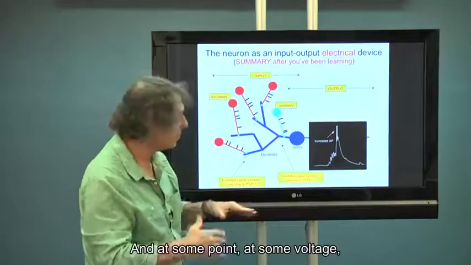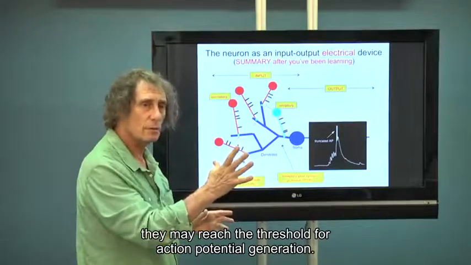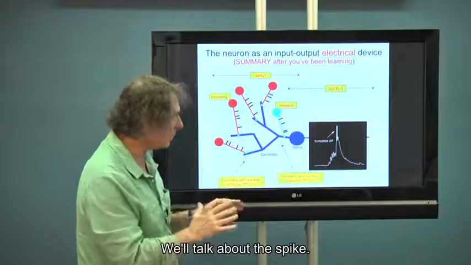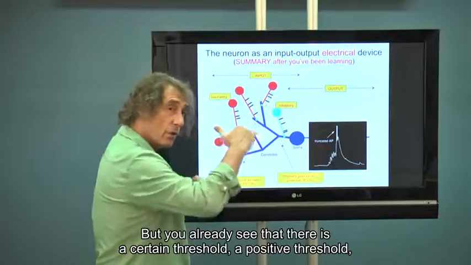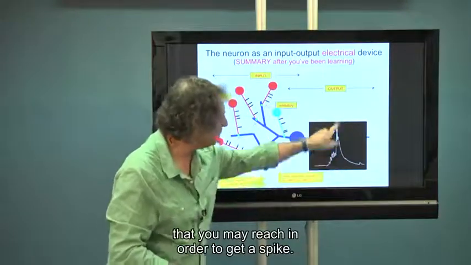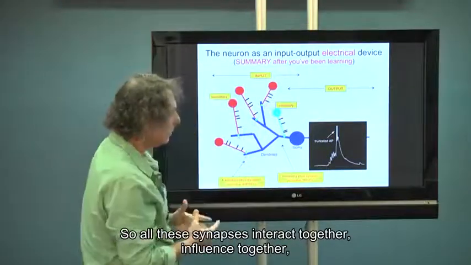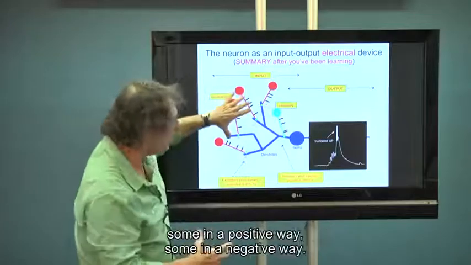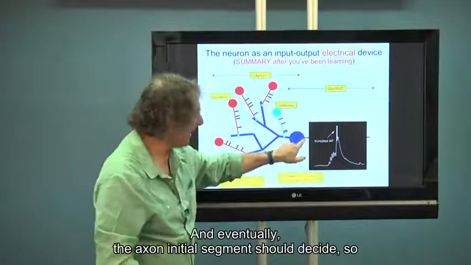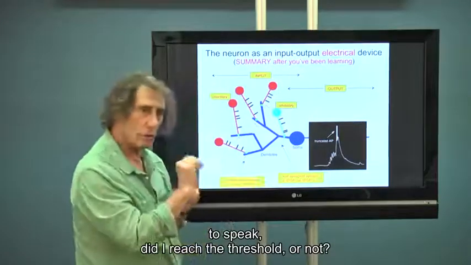And at some point, at some voltage, they may reach the threshold for action potential generation. We'll talk about the spike, but you already see that there is a certain threshold, a positive threshold, that you may reach in order to get a spike. So all these synapses interact together, influence together, some in a positive way, some in a negative way, and eventually the axon initial segment should decide, so to speak, did I reach the threshold or not?